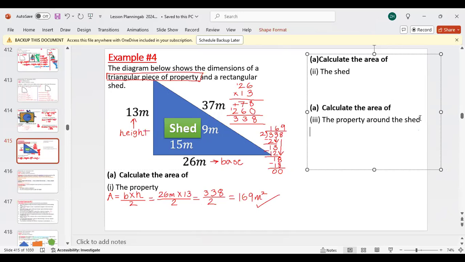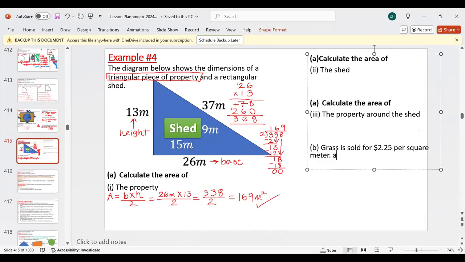And then B, grass is sold for $2.25 per square meter.